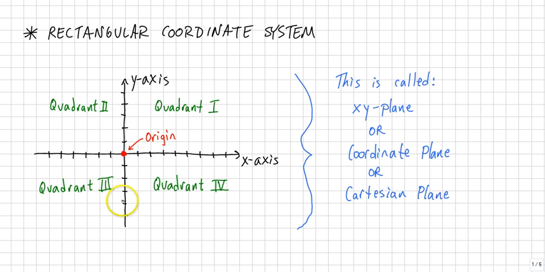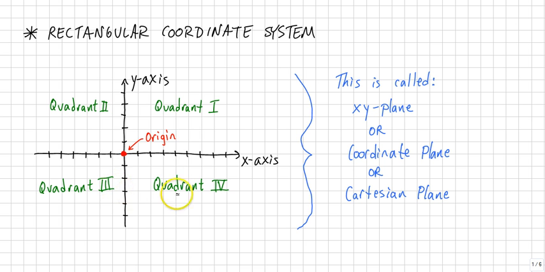This vertical number line and this horizontal number line divide the plane into four parts. We call this one quadrant 1, this one quadrant 2, this one quadrant 3, and this one quadrant 4. Where those two number lines intersect is called the origin. That represents 0 on the x-axis and 0 on the y-axis.